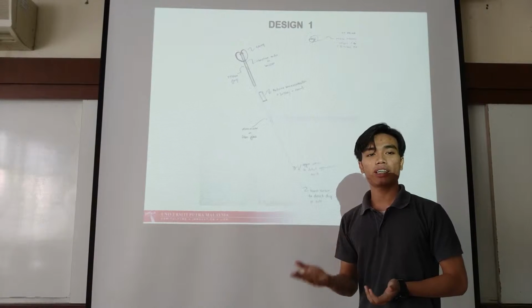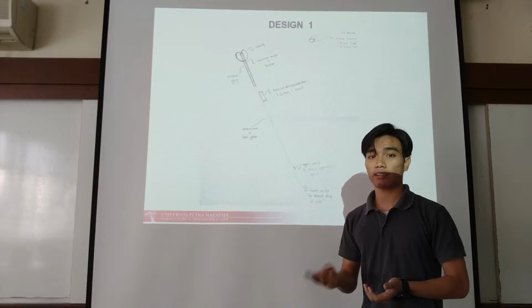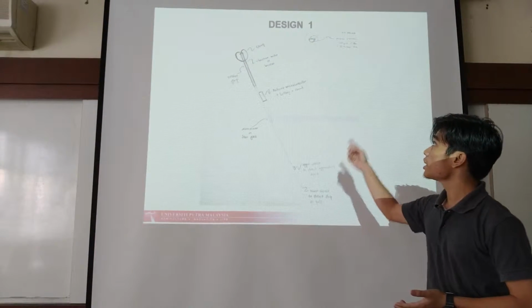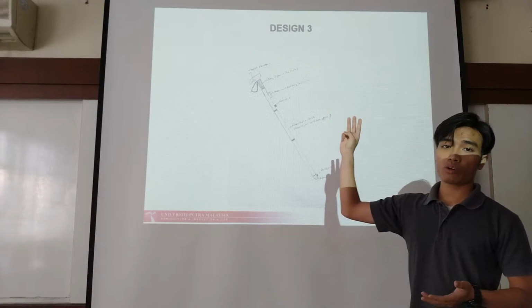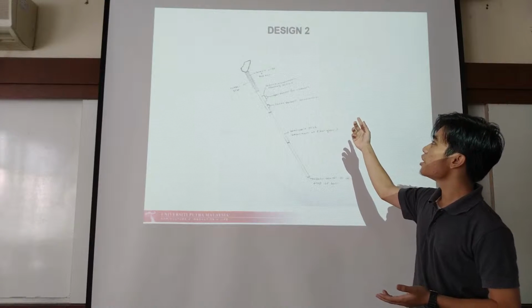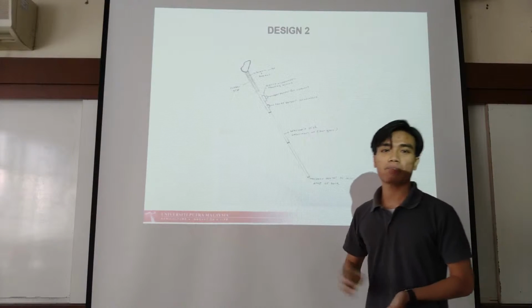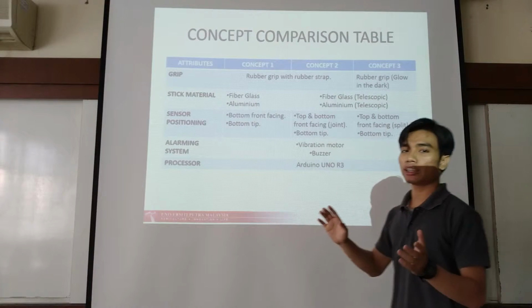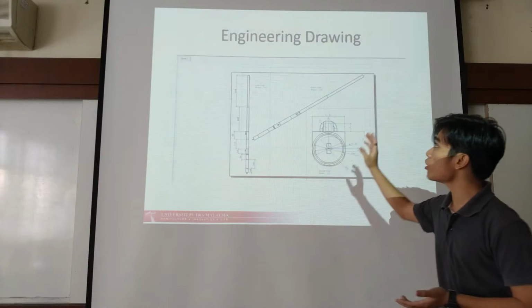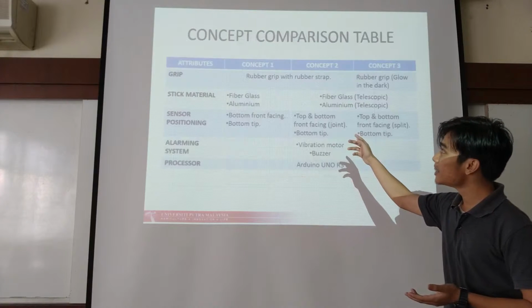Previously we said that our design has 3 concepts, design 1, design 2 and design 3. We chose design 2 because it is the best after the evaluation. So I will show you this concept on this table.